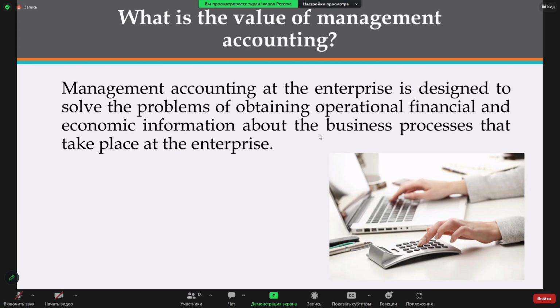Partially, it duplicates accounting and gives us an understanding of the full value of our company. And at the same time, it increases the value of our company, the significance of our company, and so on.